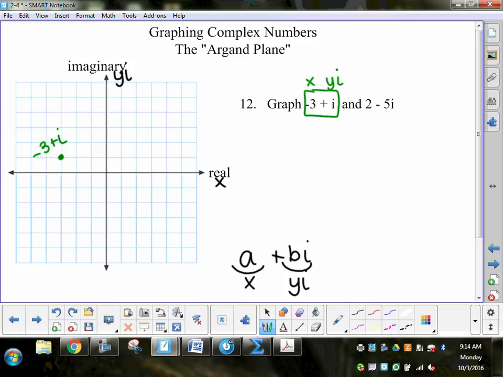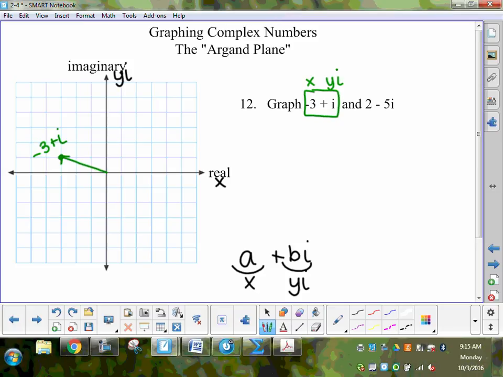Now, this is where some lazy Larrys will stop. This is supposed to be a vector going from the origin, which is like a ray. So you draw an arrow with a point at negative 3 plus i. Which quadrant does that fall in? Second. So it always goes x comma yi if you're thinking of it in that respect.